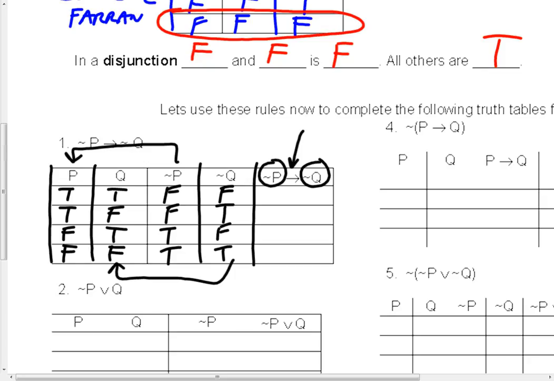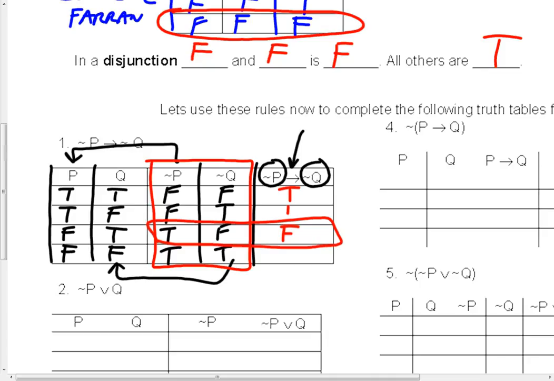The order makes a difference in an if-then statement. So I have to make sure that I'm looking at these two columns in that order. Do any of those result in a false? Yes. Which one? A little box or circle here. This is the only one that has a true leading to a false. That's going to be false. Every other will be true.